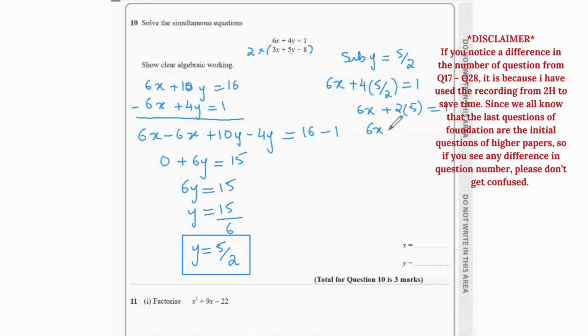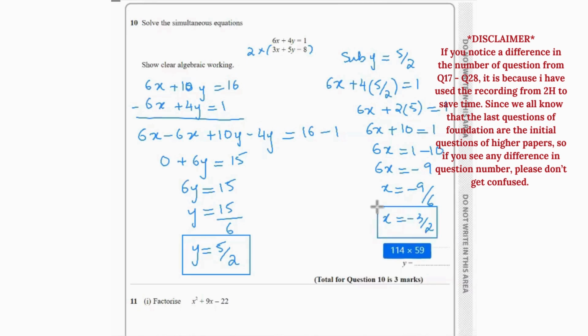So that's 6x plus 10 equals 1. 6x is going to be 1 minus 10, which is negative 9. So x is going to be negative 9 over 6, which simplifies to negative 3 over 2. So when y is 5 over 2, x turns out to be negative 3 over 2.